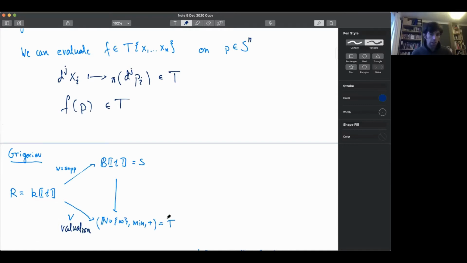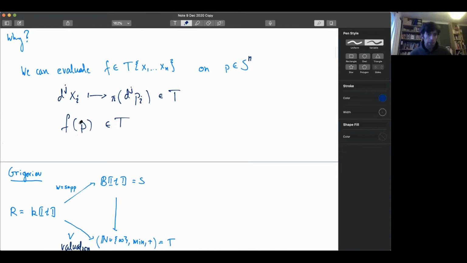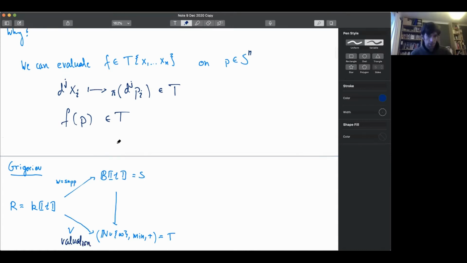The equations end up as tropical equations over T. The solutions are elements in S to the n. And we can check to see if a point P is a solution by evaluating here. So if, actually, I think I've got this on a slide later on, so let me hold off on that.